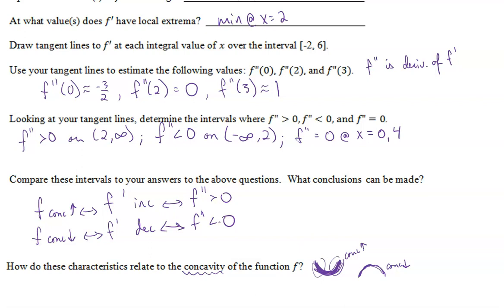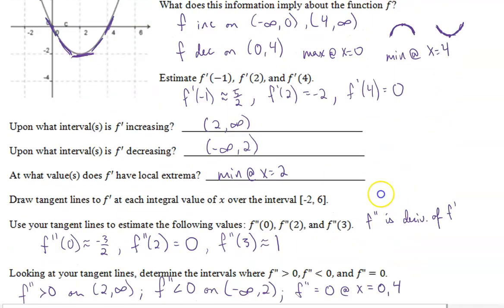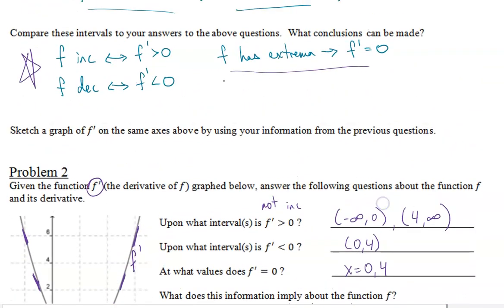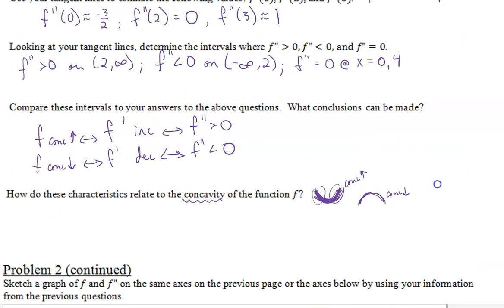And then also I want to add something about what's happening when f double prime equals 0, okay? And this is not an if and only if statement. Similar to what we wrote right here: if f has an extrema, then f prime is 0, okay? Now, whenever we change concavity, we call that an inflection point.